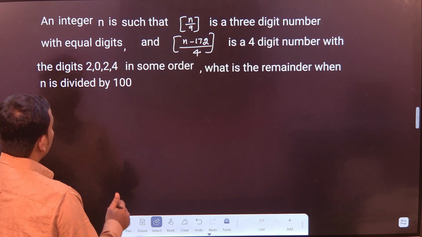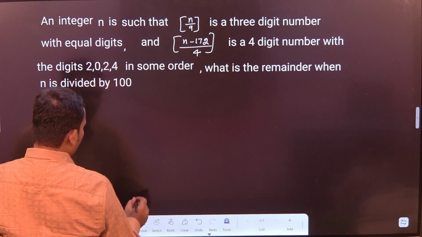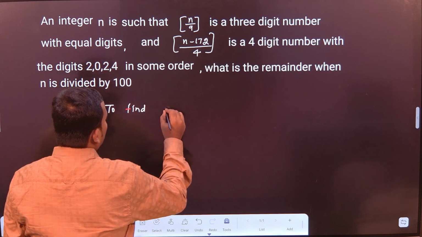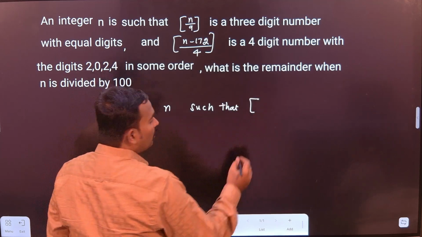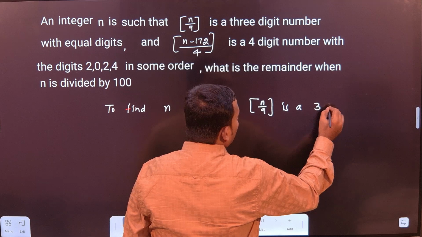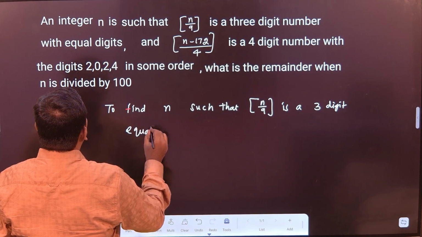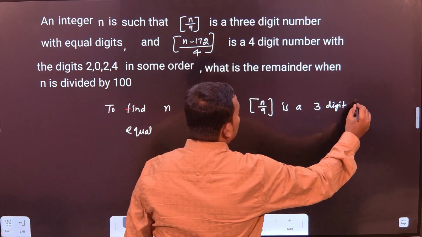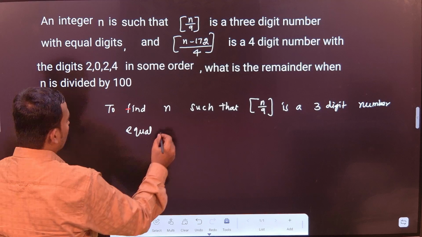So what is the first thing we need to find? To find n such that the greatest integer function of n by 9 is a 3-digit number with equal digits.